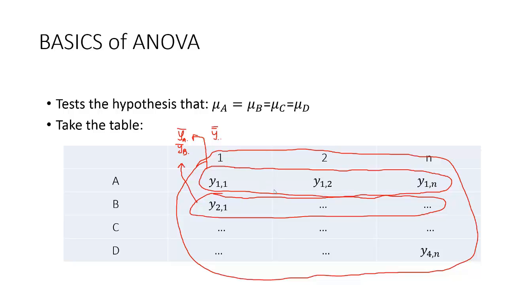And the idea is that if a, b, c and d can be coded as 1, 2, 3, 4, then I might as well just say y i bar dot and put that through a loop essentially. So that's what I'm doing here.